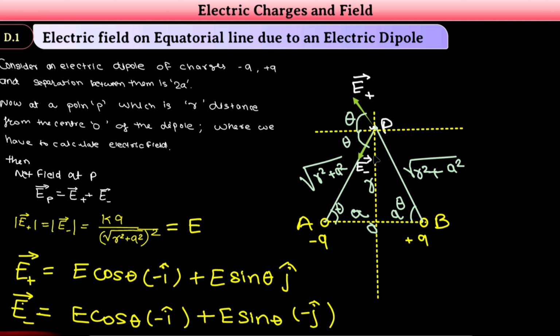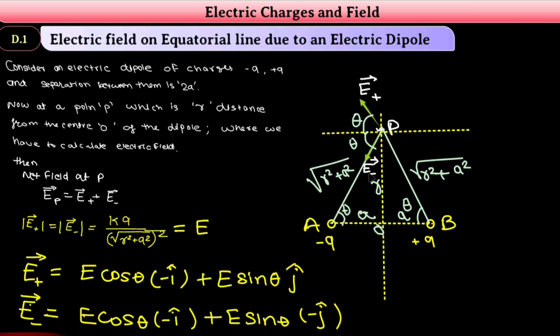Why minus i cap? Because if we resolve the E negative vector, then E cos theta will be along negative x-axis, so minus i cap, and E sin theta will be along the negative y-axis, so minus j cap.